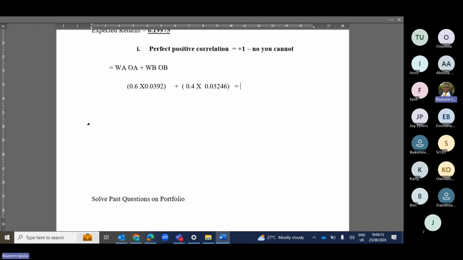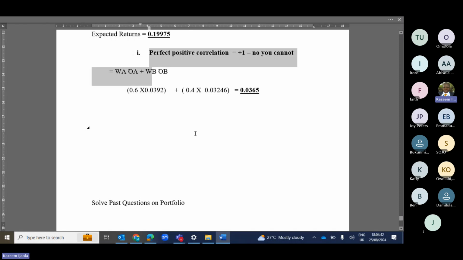I have 0.6 times 0.0392 plus 0.4 times 0.03246. So the answer is 0.0365. So that's the answer for perfect positive.